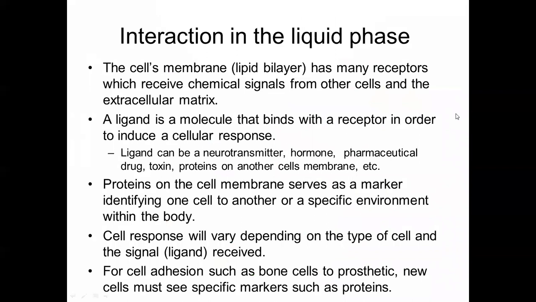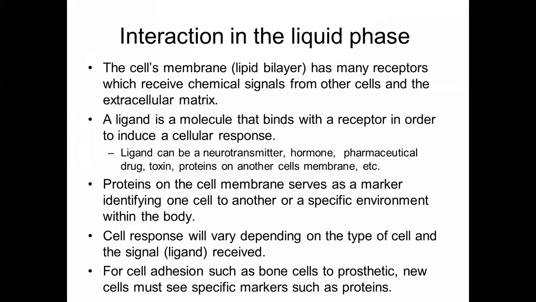So again, let's take a look at interaction in the liquid phase. The cell's membrane lipid bilayer has many receptors, which receive chemical signals from other cells in the extracellular matrix. A ligand is a molecule that binds to a receptor in order to produce a cellular response. So a ligand can be a protein, a neurotransmitter, a hormone, a pharmaceutical drug, a toxin, or other cells or other membranes can induce these responses.